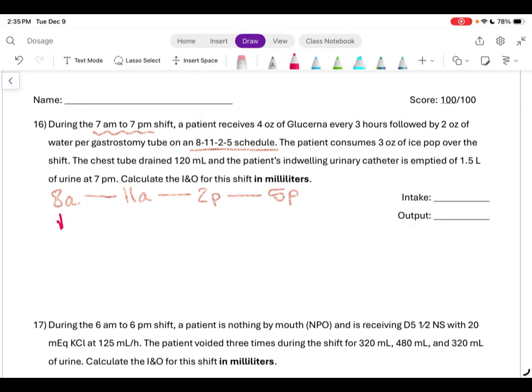Each time I give them 4 ounces of Glycerina, right? Plus 2 ounces of water. Okay. So 4 plus 2. 4 plus 2. And 4 plus 2. Right?